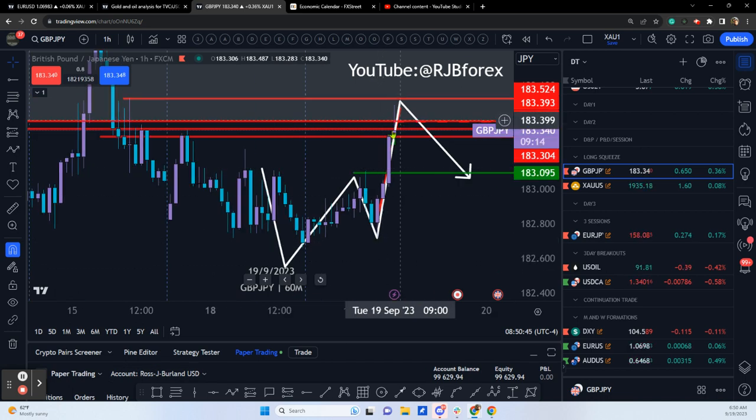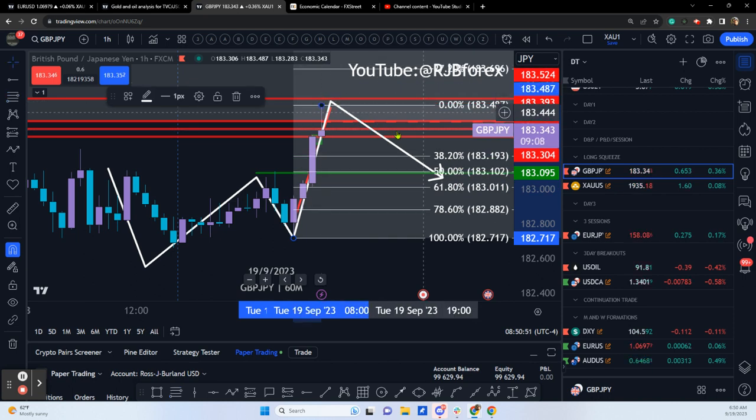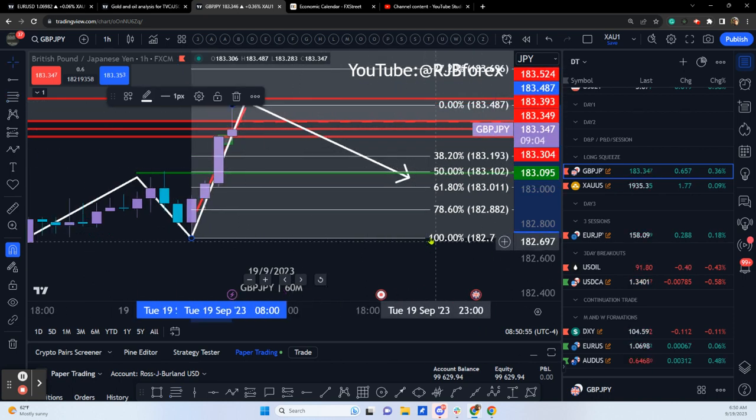So just monitoring this for a deceleration. Draw the Fibonacci on the high. So the 50% mean retracement comes in at 183.10 as a downside target.